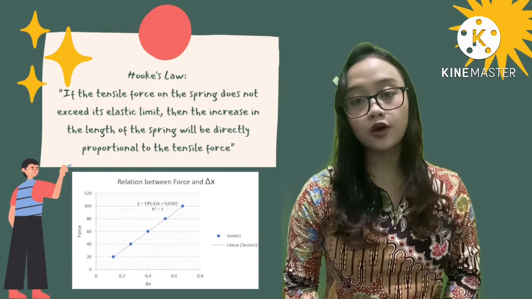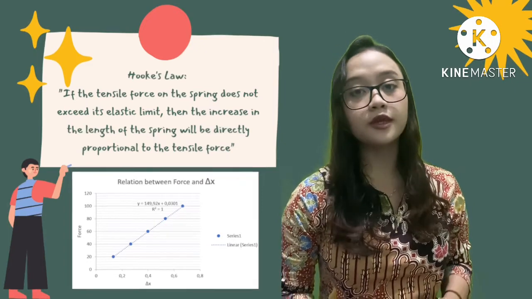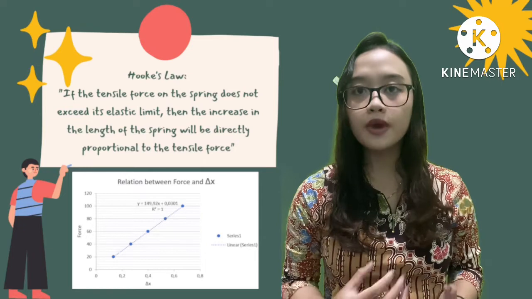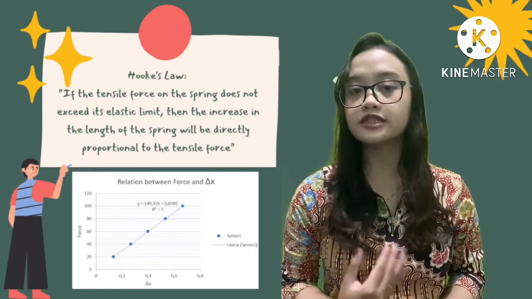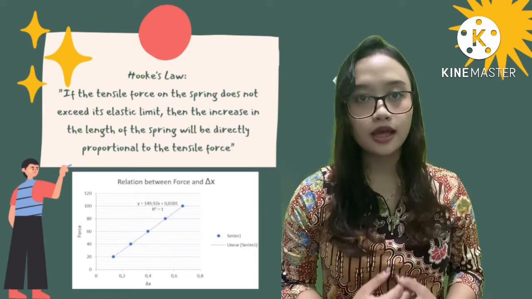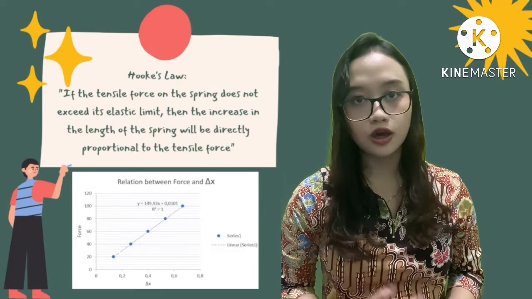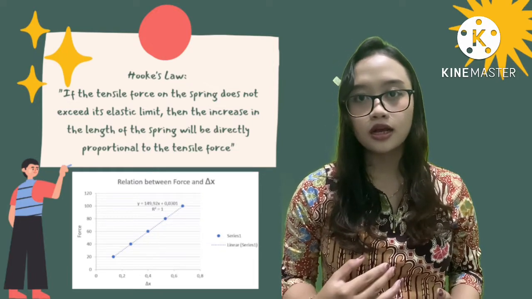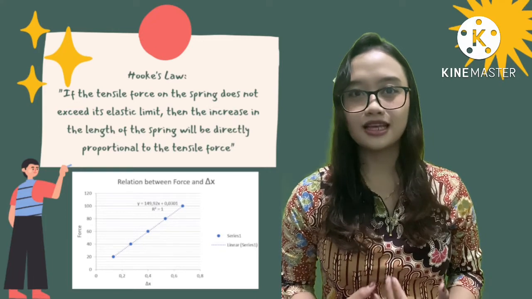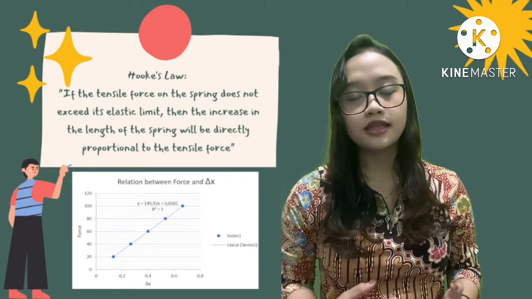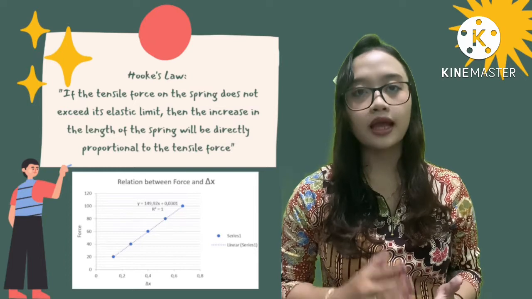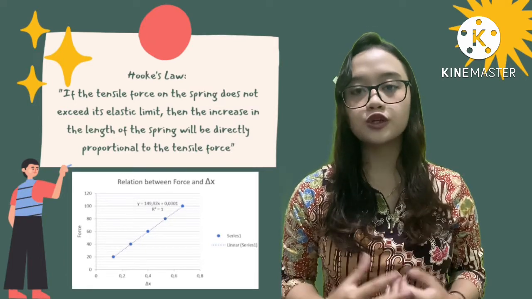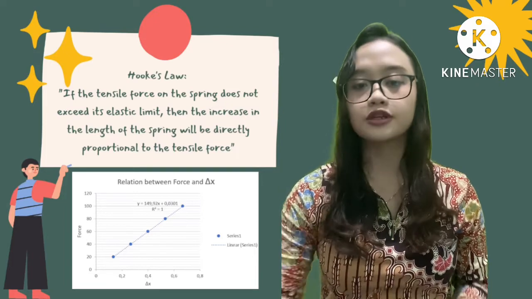Okay, so if the mathematical equation of Hooke's law is combined into a statement, we can know that Hooke's law says: if the tensile force on the spring does not exceed its elastic limit, then the increase in the length of the spring will be directly proportional to the tensile force.